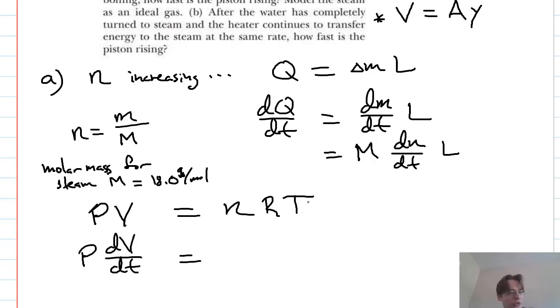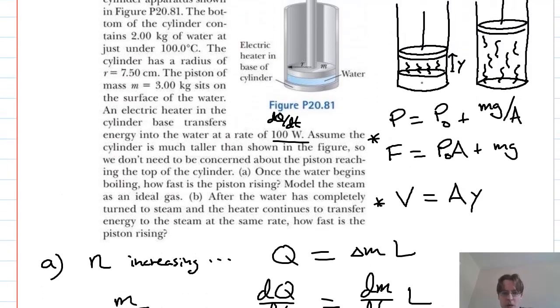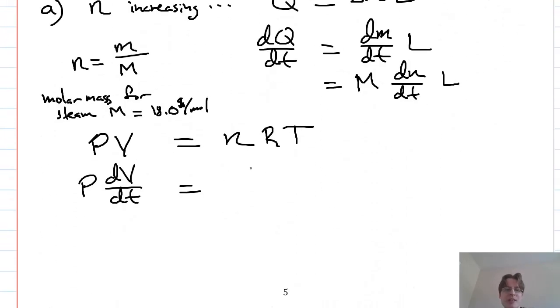The temperature stays constant too, because you're just boiling water. As water boils, temperature doesn't rise. So T is constant. Of course, R is a constant. So on the right side, I have dn dt times R times the temperature, 100 degrees Celsius, so I have to use Kelvin.